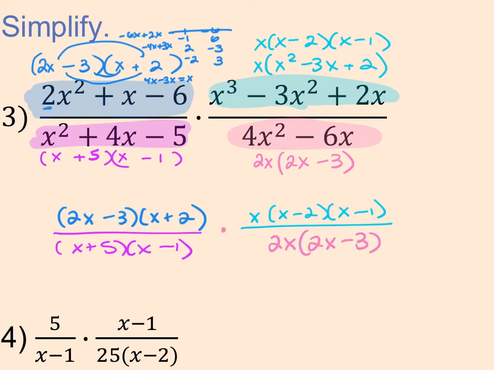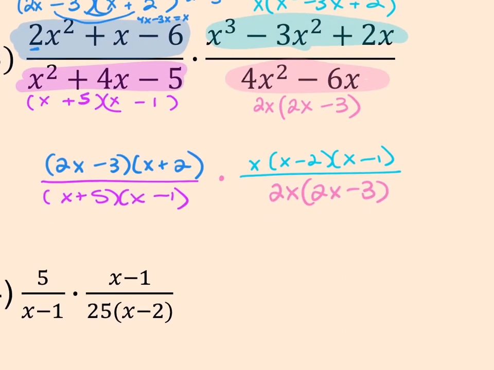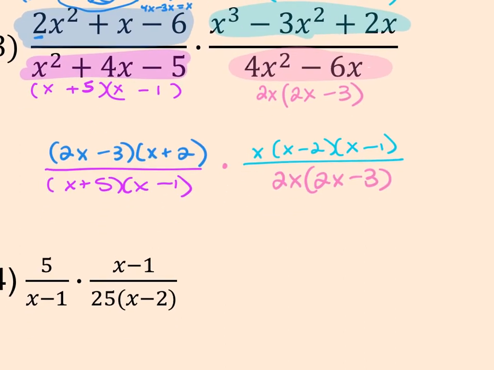This is multiplication. Okay, so now remember, I can cancel top to bottom or diagonally across. What do you see that you can cancel? The x minus 1 from here and here. The 2x minus 3 from here and here.